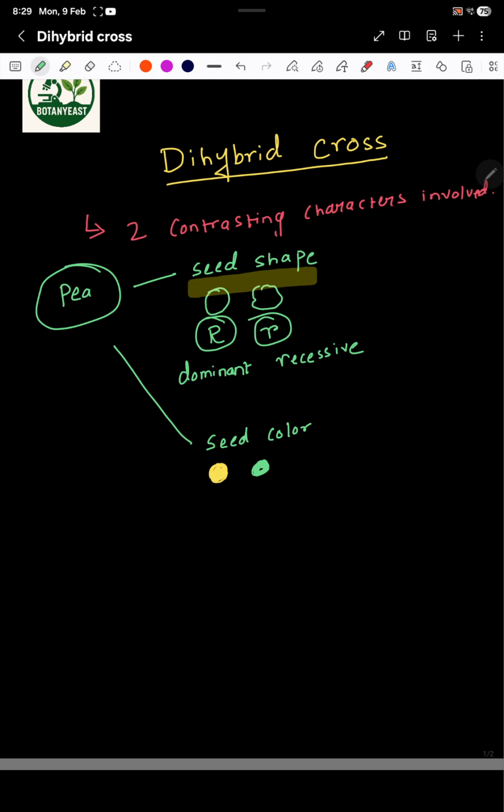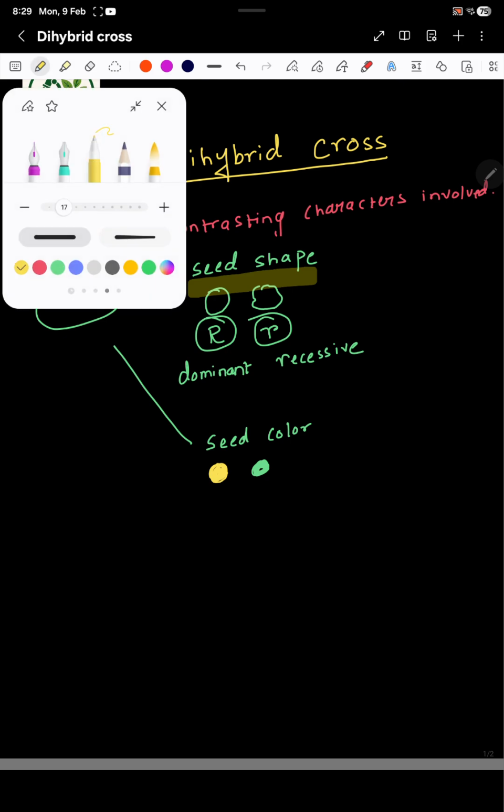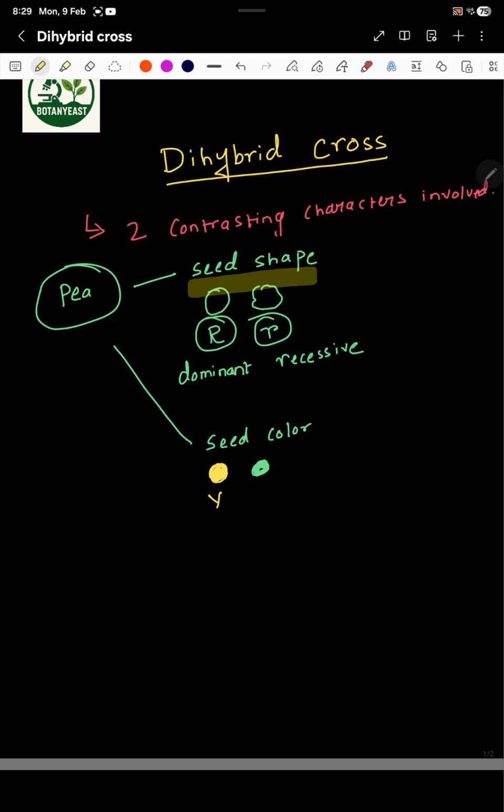So the yellow seeds were represented by capital Y, which was dominant, and small y was the green, which was recessive.